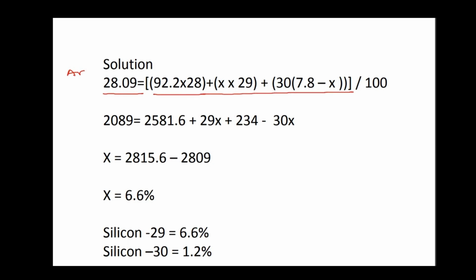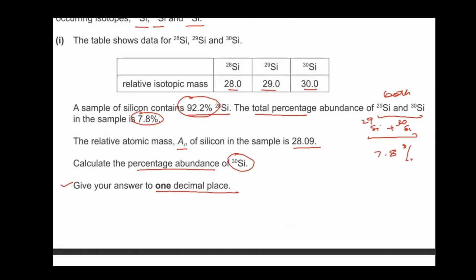Because we're talking about the relative percentage abundance, this is your isotope 1, this is your isotope 2, and this is your isotope 3. Let's ignore this part. This is divided by 100. So this is already given to us as 92.2, and they have said that the sum of the percentage abundance of isotope 2 and isotope 3 is actually 7.8.